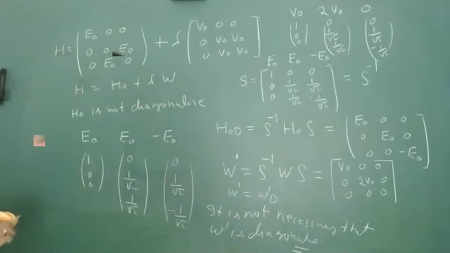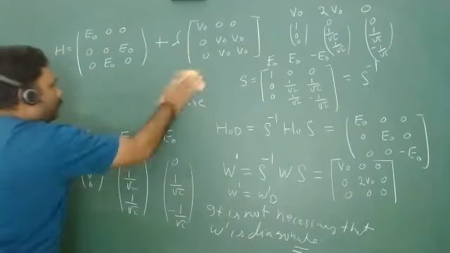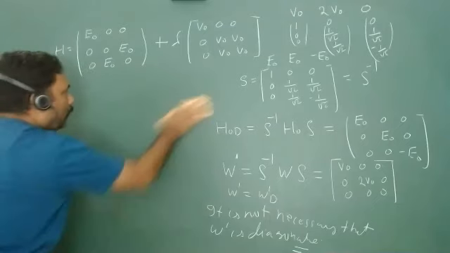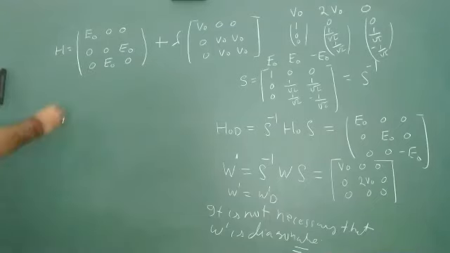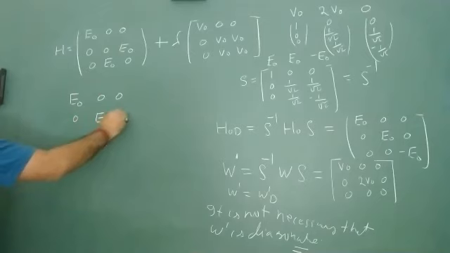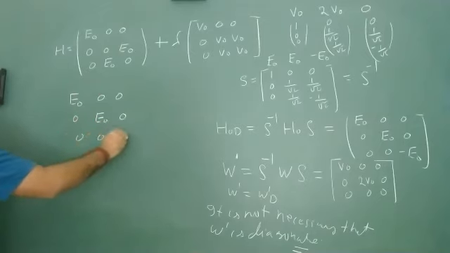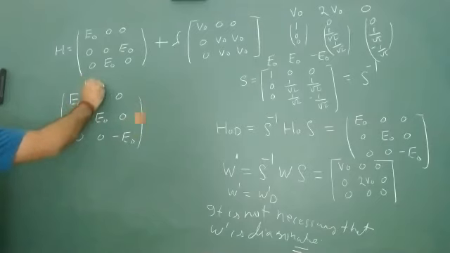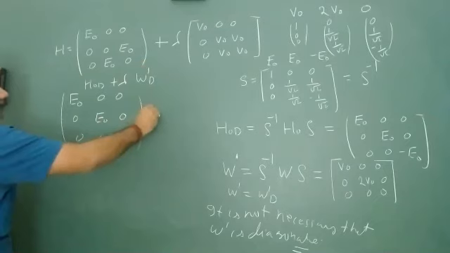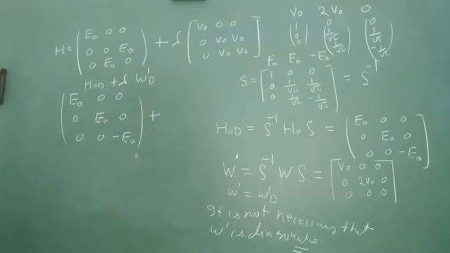So I will just go for the next level, and we will write the answer, and you will see how the perturbation works. This will be E naught 0 0, 0 E naught 0, 0 0 minus E naught. This is nothing but H naught diagonalized, and luckily we have W dash diagonalized. In the next problem I will do a case in which W dash is not diagonalized.